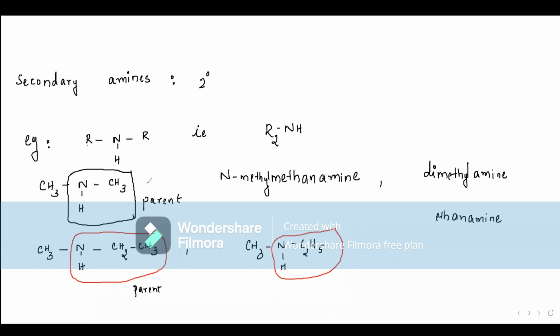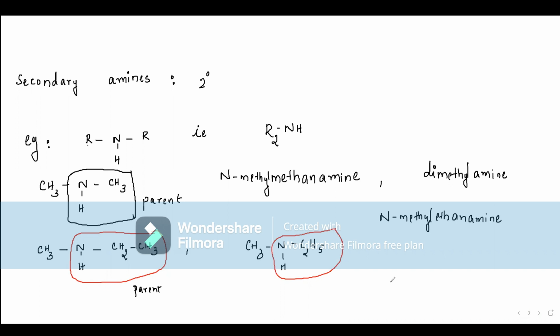But what do I have apart from that red box? I have a CH3. Where is that CH3 present? Again, it is on the nitrogen. CH3 is connected to the nitrogen. So this is once again N-methyl ethanamine, N-methyl ethanamine. That is IUPAC.